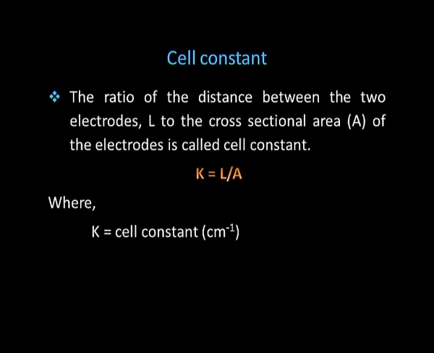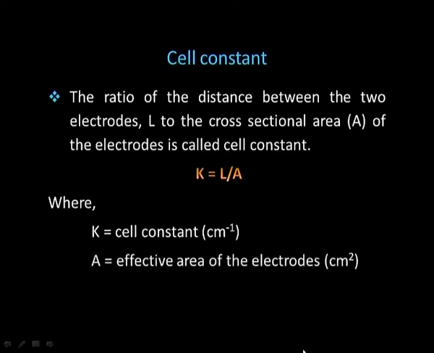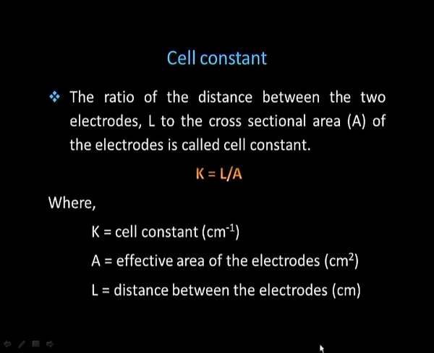Remember, this K is different than kappa, which we are writing in a slightly different way. A is the effective area of the electrodes in centimeter square. L is the distance between the electrodes in centimeter.